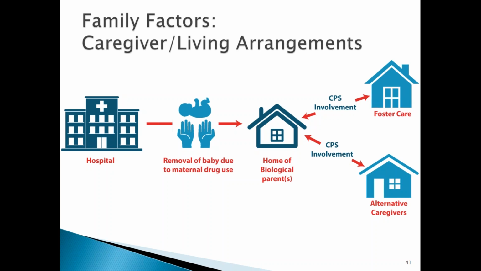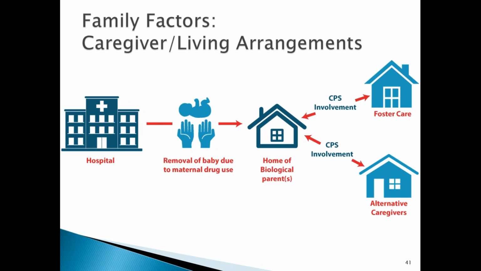So when we talk about family factors, a lot of times in these types of studies we automatically assume family means biological parents, or at least the biological mother. Especially when you're talking about babyhood, people tend to assume the baby leaves the hospital with the biological mother and goes home.